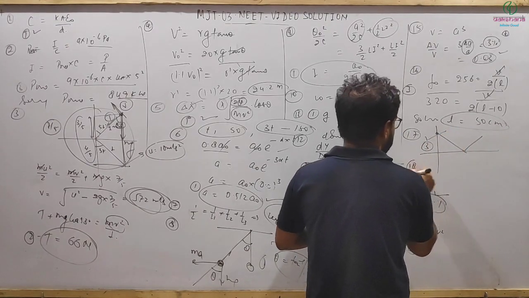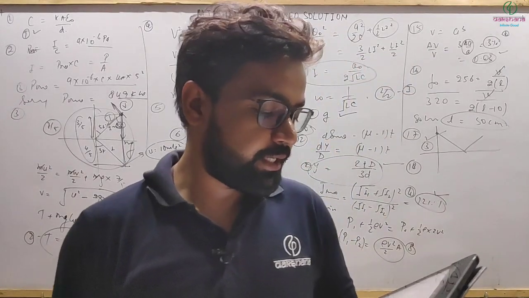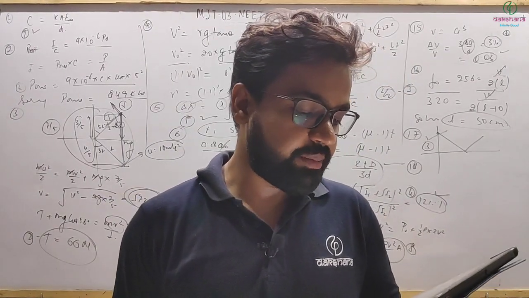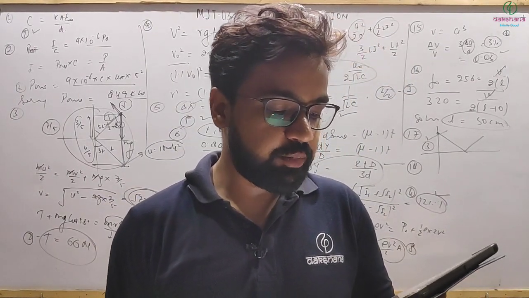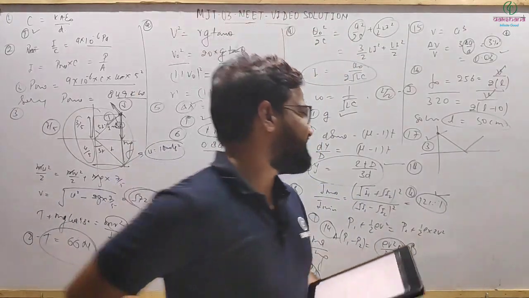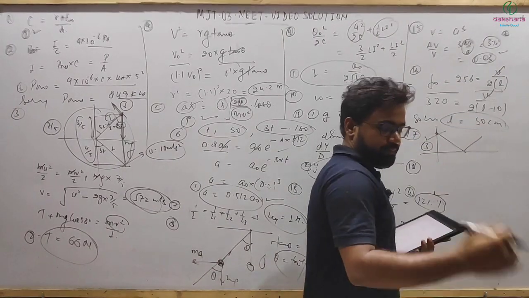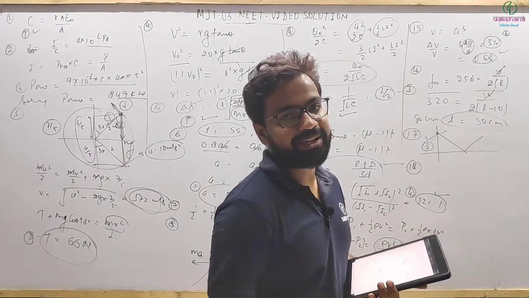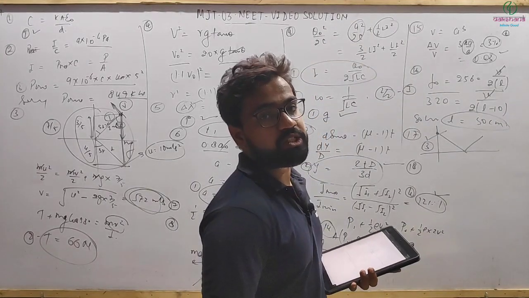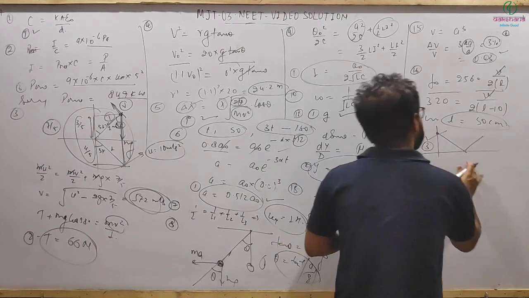Question number 18. The engine of a train passes an electric pole with a speed u, and the last compartment of the train passes the same pole with a velocity v. Then find the velocity with which the midpoint of the train passes. So initial velocity when the engine is passing is u, and the final velocity is v by the time it covers a distance equal to the length of the train, let's say 2L.